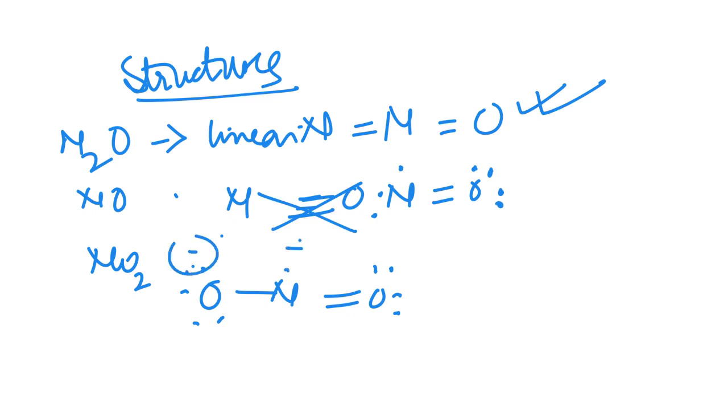It also has one electron, so this is an odd electron species also. It is better to draw it like this because it is slightly angular.